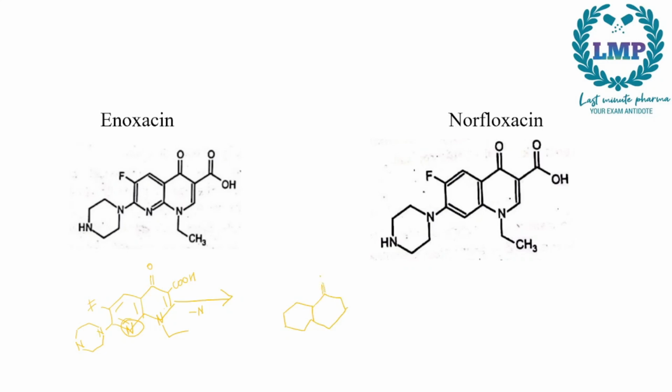We'll give the basic double bond O here, the nitrogen in the ring here, the COOH here, double bonds, the C2H5 here, then the fluorine here, the piperazine here. But the only thing we will not put is the nitrogen right here. So this will be your norfloxacin. So remember, it will be nor. Nor means there is no nitrogen.